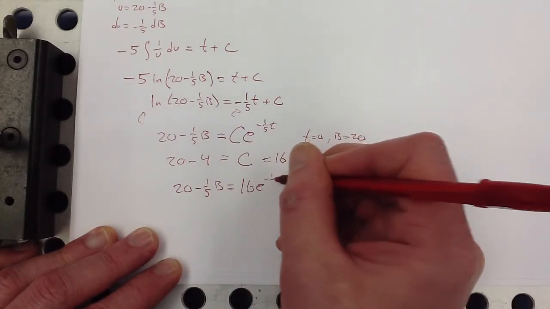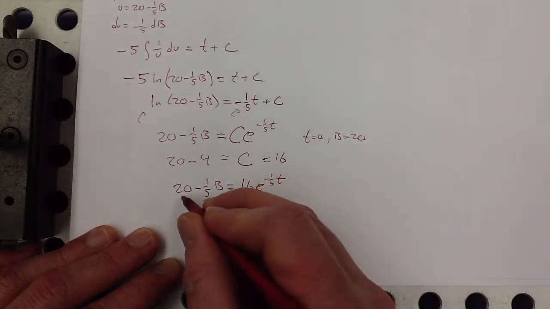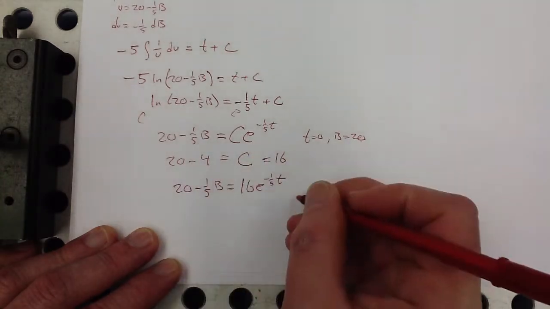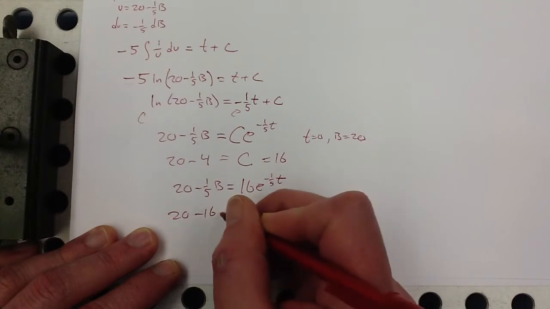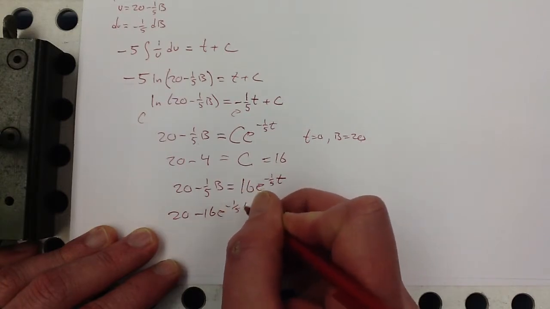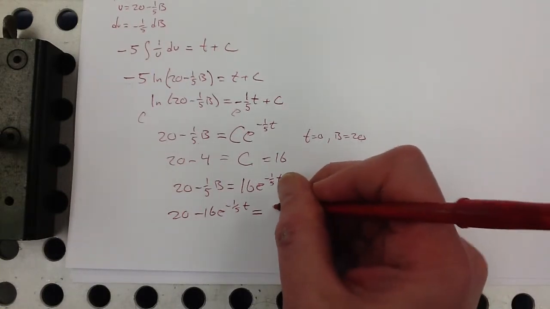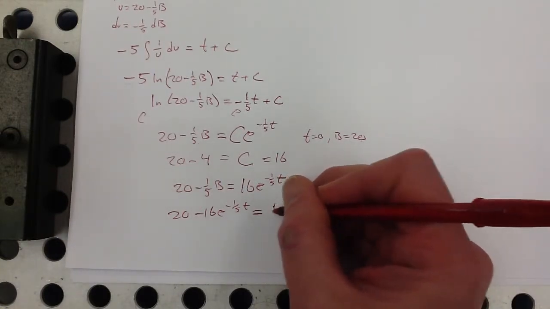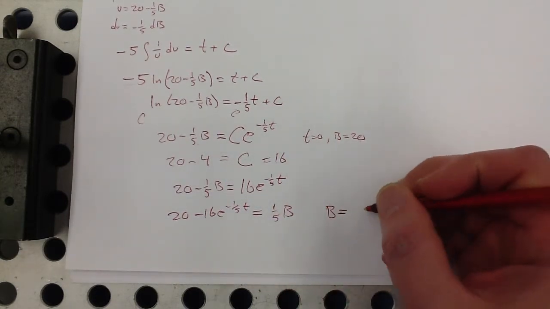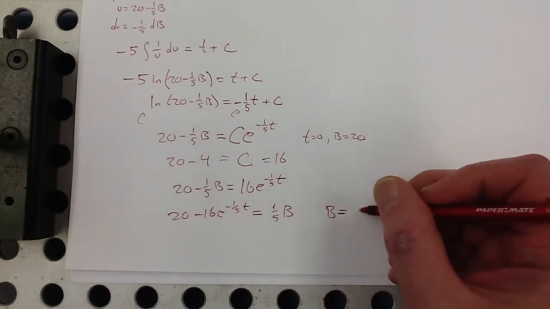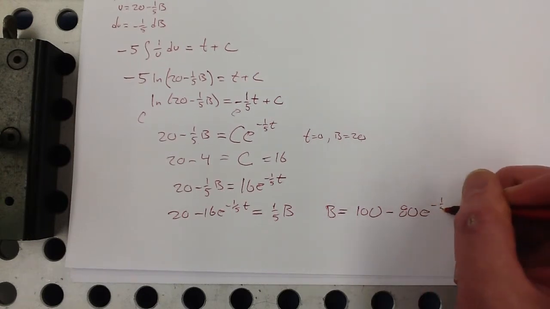So trying to solve for B. Let's see, if I add this over to this side and subtract this over here, that gives me 20 minus 16 e to the negative 1/5 t equals 1/5 B. So B is equal to, multiplying both sides by 5, 100 minus 80 e to the negative 1/5 t.